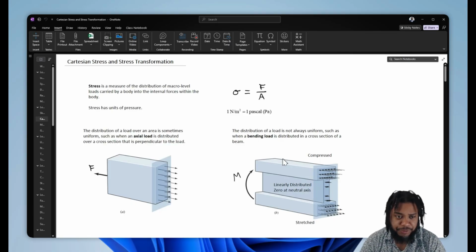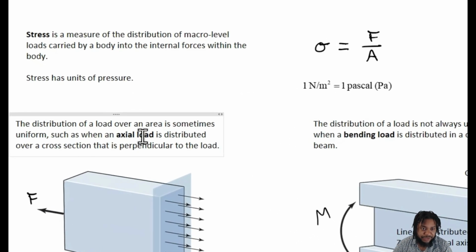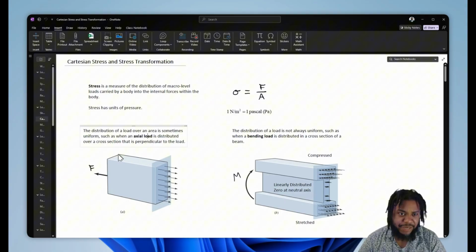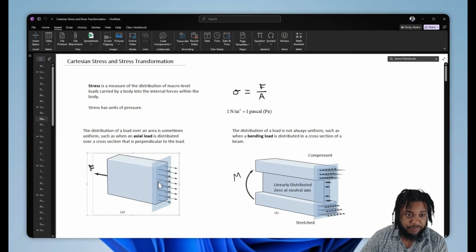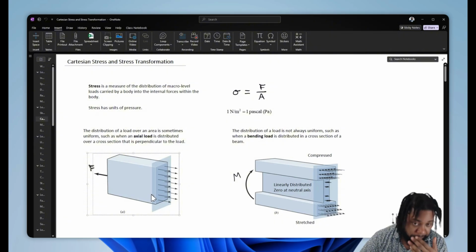Generally, when we're thinking about stress that's distributed through a body, we can think of it in different ways. Under axial loads, where we have forces that are uniformly perpendicular to a cross section, we have a uniform distribution of stress through the cross section.